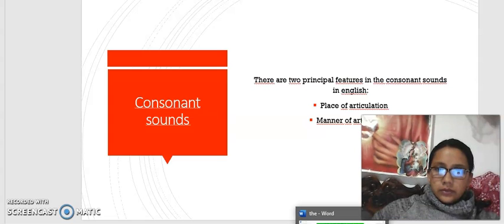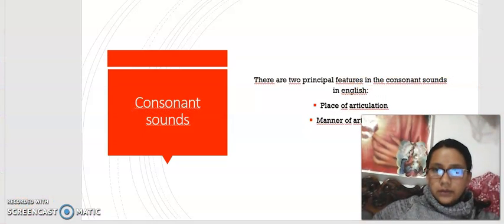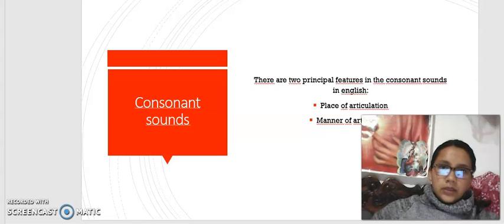There are two principal features in the consonant sounds in English: the place of articulation and the manner of articulation, or mode. The place of articulation of a consonant is the point of contact where an obstruction occurs in the vocal tract between an articulatory gesture, an active articulator, and a passive location.